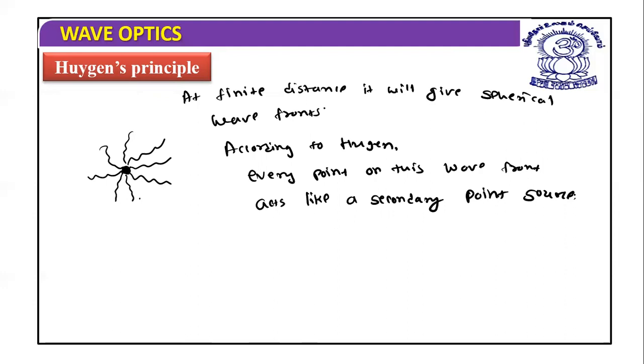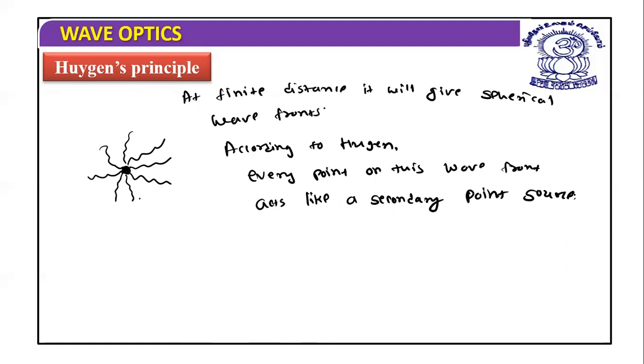The secondary point source will emit secondary waves, which are effective only in forward directions. If we join the final position of waves, we get secondary wave surfaces.